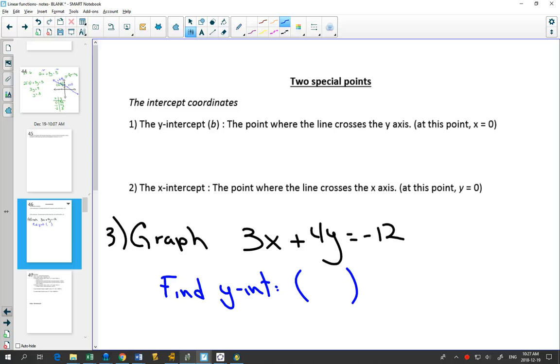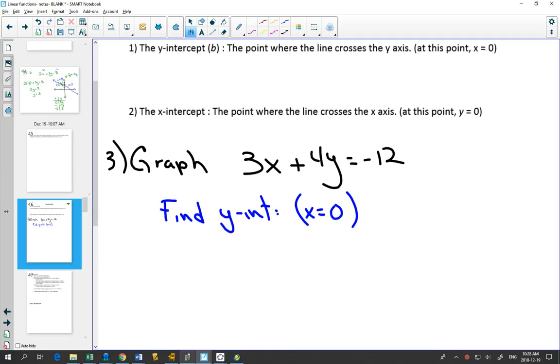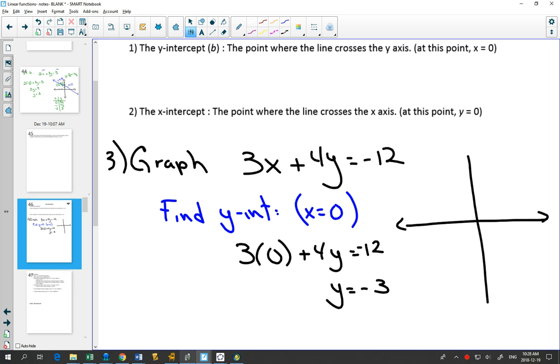What always happens with a y-intercept is the x-coordinate is 0. So if I plug in x equals 0, well, then I would have 3 times 0 plus 4 times y equals negative 12. Divide both sides by 4, and I find out that my y-intercept is negative 3.